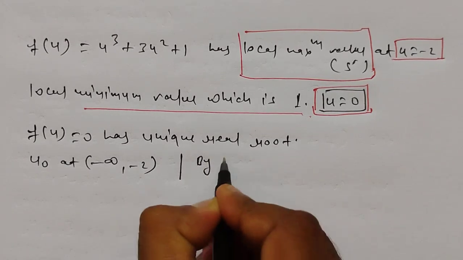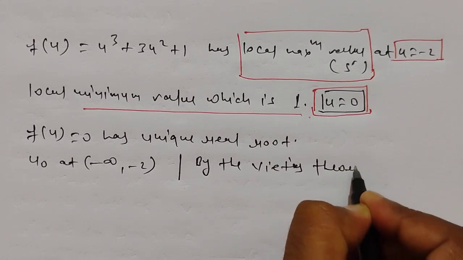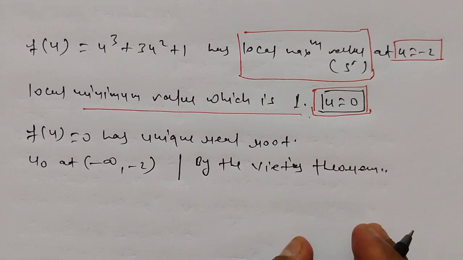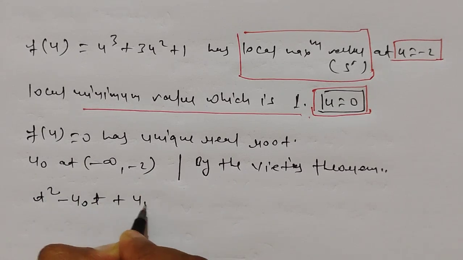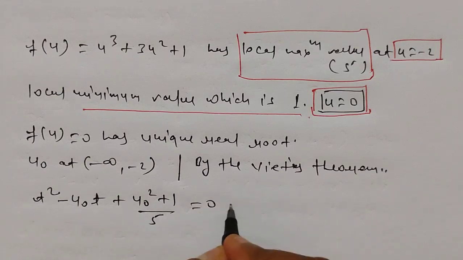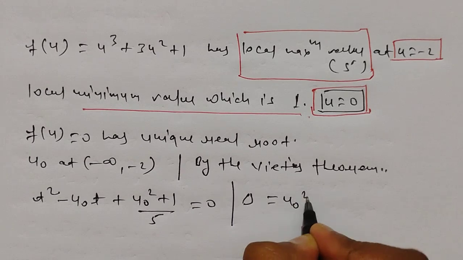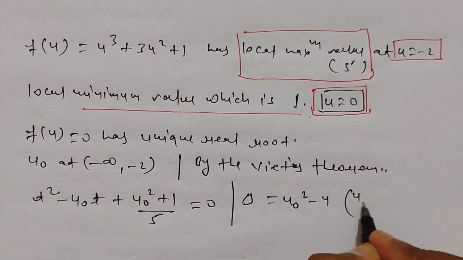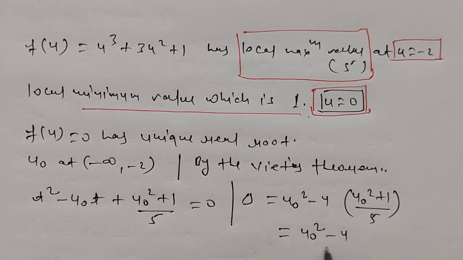Also by the Vieta theorem, a and b are the roots of the equation t square minus u naught t plus u naught square plus 1 by 5 is equal to 0, and since we have delta equal to u naught square minus 4 times u naught square plus 1 by 5, this is equal to u naught square minus 4 by 5, which is greater than 0.